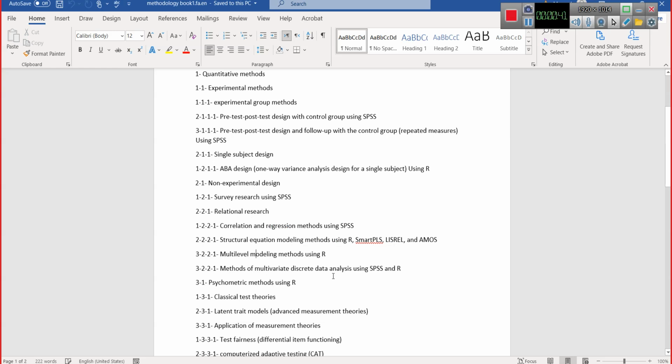So, among other relational methods, simple ones like correlation and regression methods actually run the model in one level.